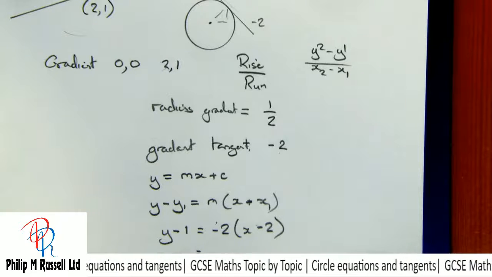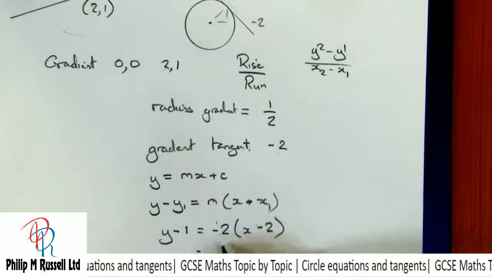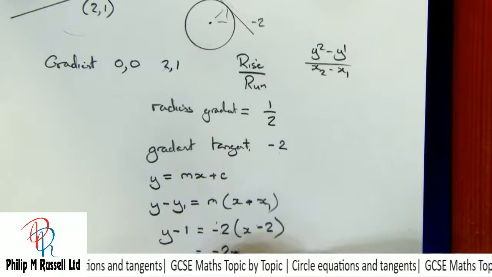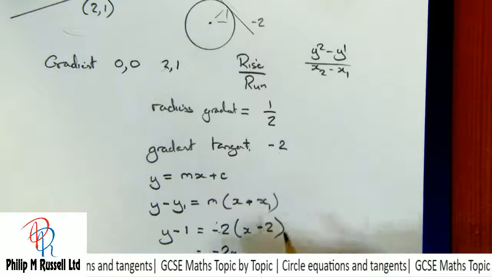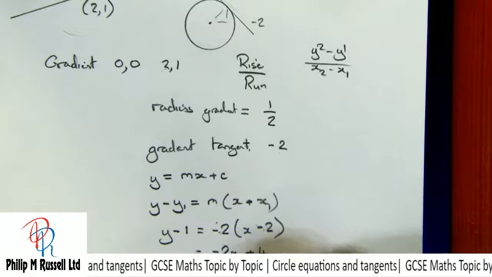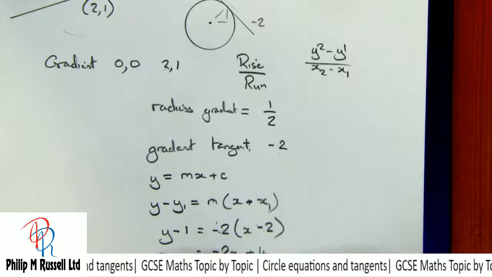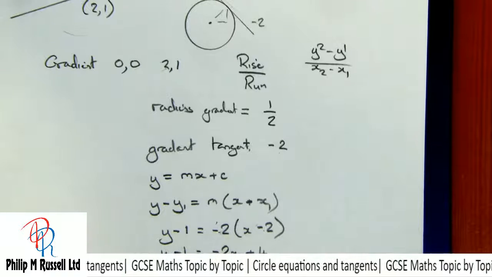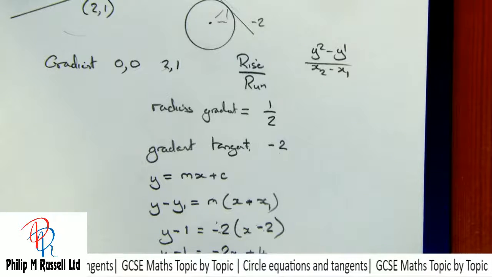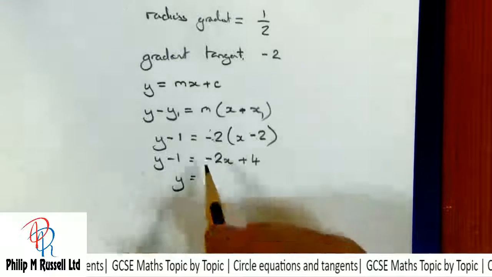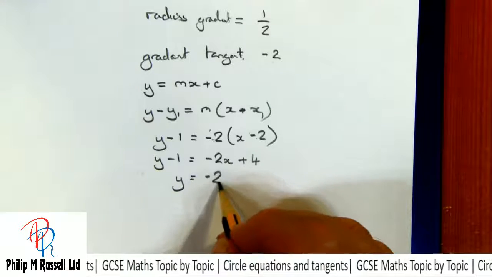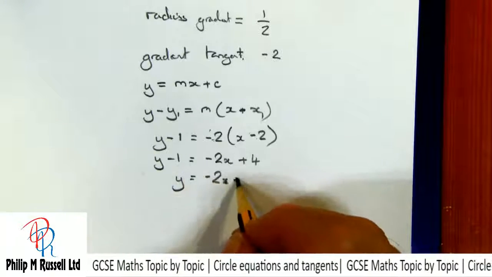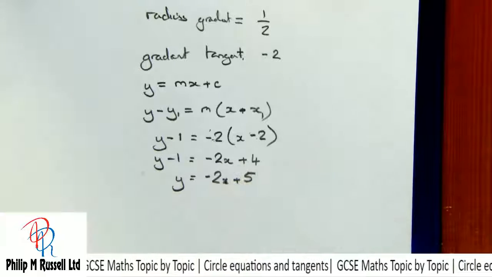Let's work this out. Minus 2 times x is minus 2x. Minus 2 times minus 2 is plus 4. So y minus 1 equals that. Let's take the minus 1 over. So we're going to get minus 2x plus 5.